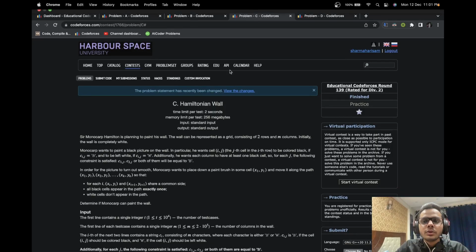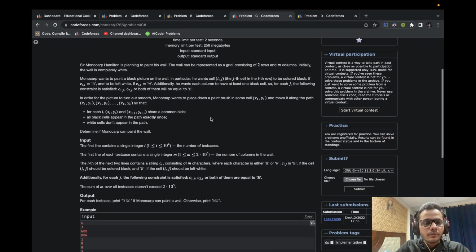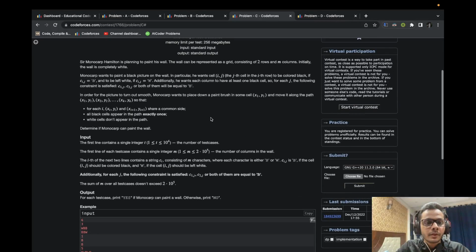Okay, now let's move to the third problem. In this problem, basically, there is a grid of 2 rows and m columns, and initially all the cells are painted white and we need to paint some of the cells black. It is provided to us which cells need to be painted black.